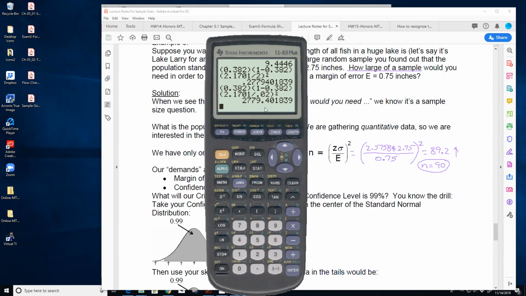Now, here's another mistake. Let's go back to where you forgot to square it. So you could see that, oh, I had done everything right, but I forgot to square it. And once again, looking at your answer, it should be obvious you did something wrong.